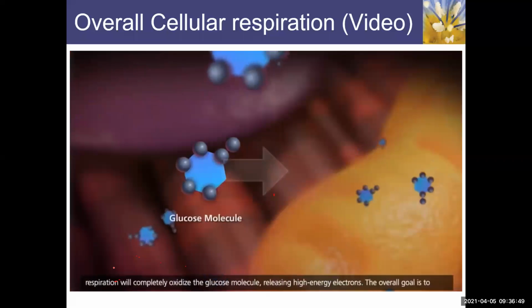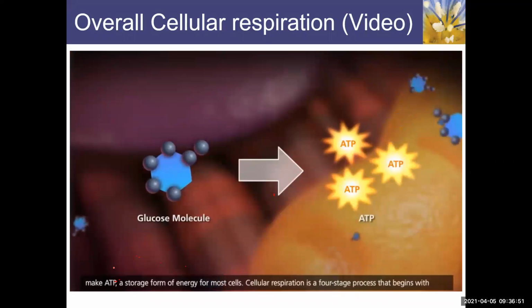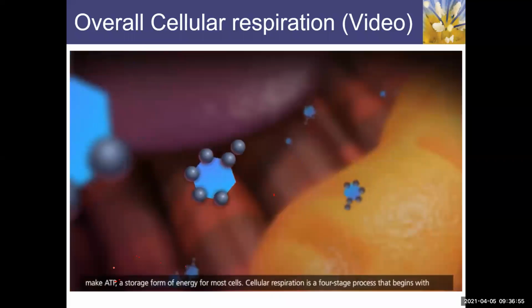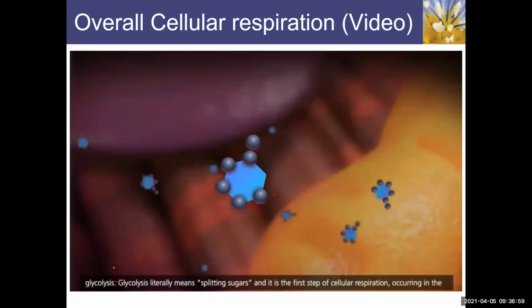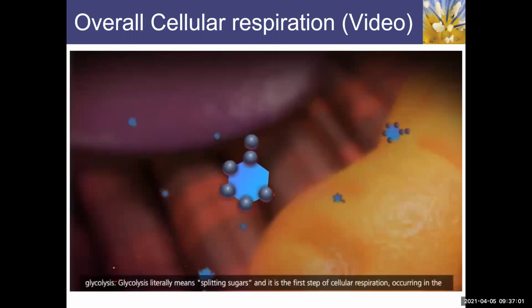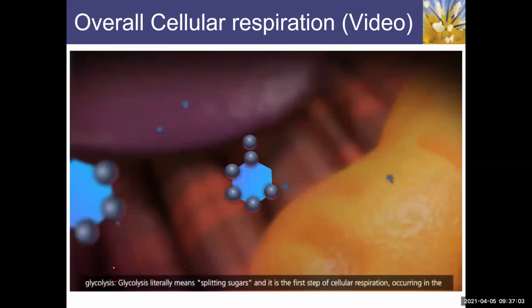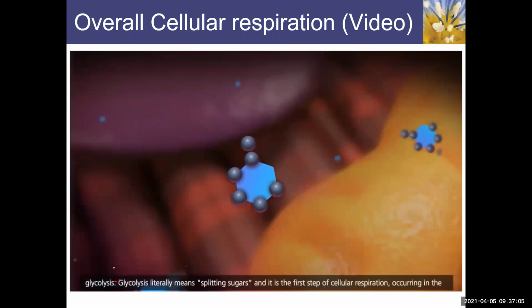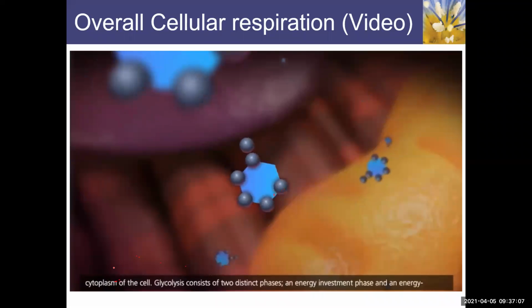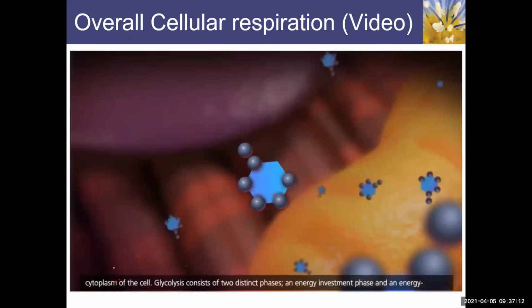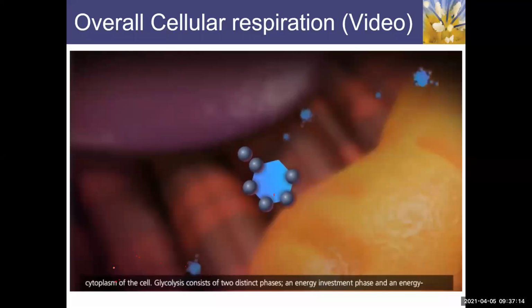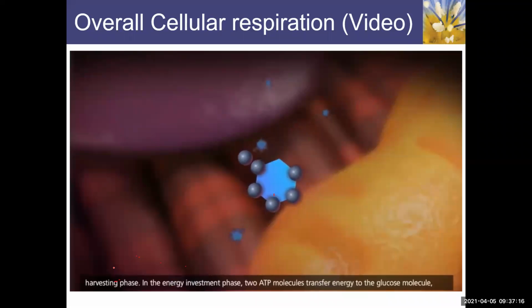The overall goal is to make ATP, a storage form of energy for most cells. Cellular respiration is a four-stage process that begins with glycolysis. Glycolysis literally means splitting sugars, and it is the first step of cellular respiration, occurring in the cytoplasm of the cell. Glycolysis consists of two distinct phases, an energy investment phase and an energy harvesting phase.